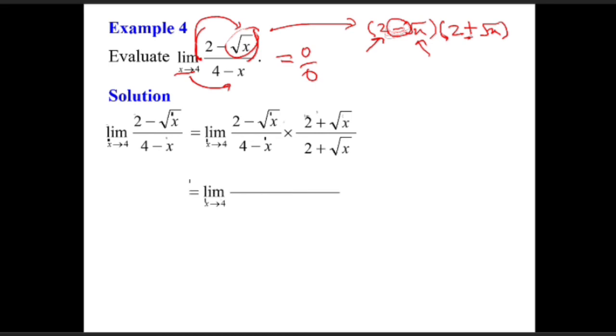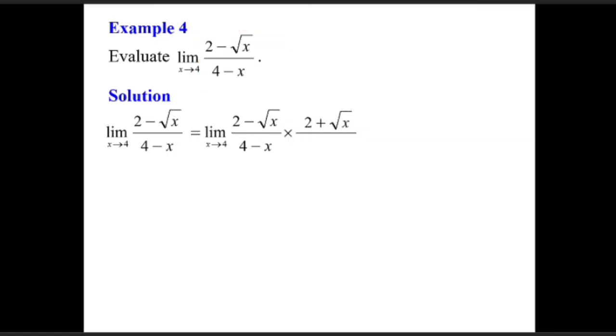Remember my tips. Only expand conjugate partners. What do I mean by conjugate partners? It is the one with the surds and the opposite signs. So when you expand, you can also use a faster method that I have shown you before, and that faster method is to use the formula a squared minus b squared. So according to the formula, a minus b times a plus b. So look at in the middle, one is minus, another one is plus.